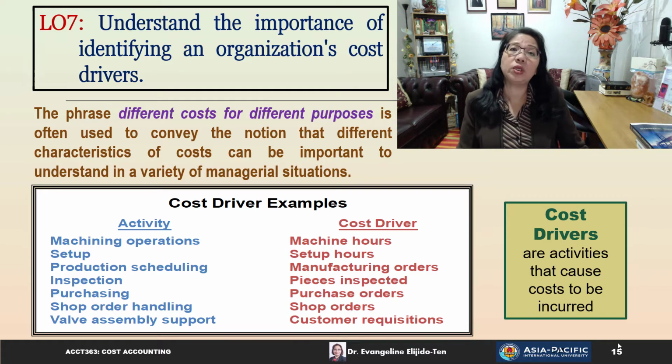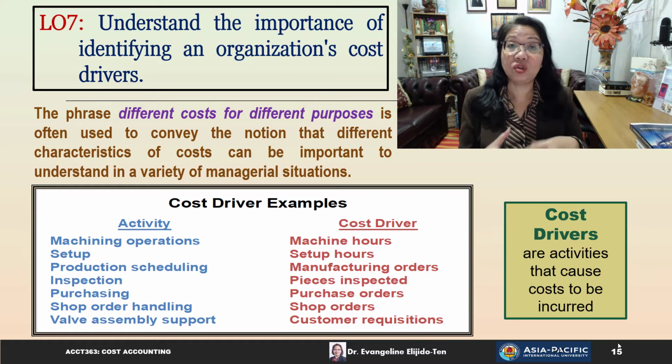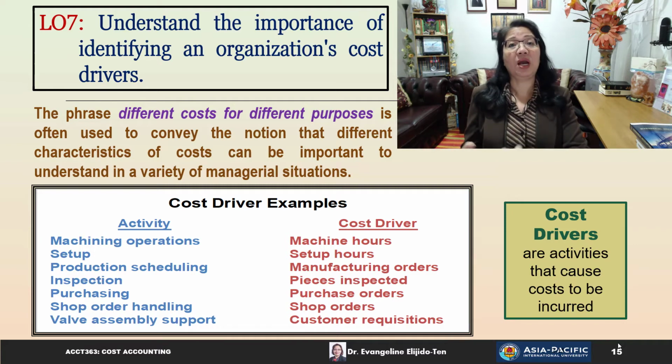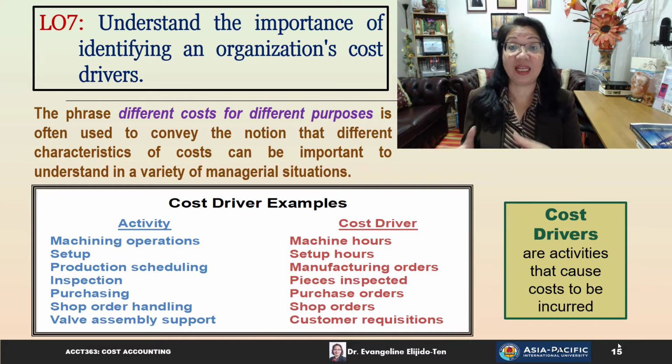So it is important to understand the drivers of these costs so that if we would like to manage the activity cost more effectively, we would look at ways and means to manage the drivers of those costs.